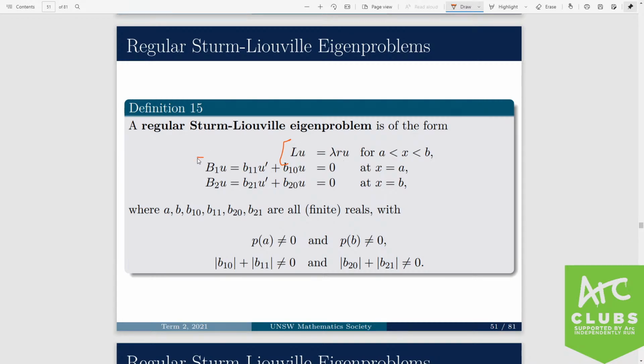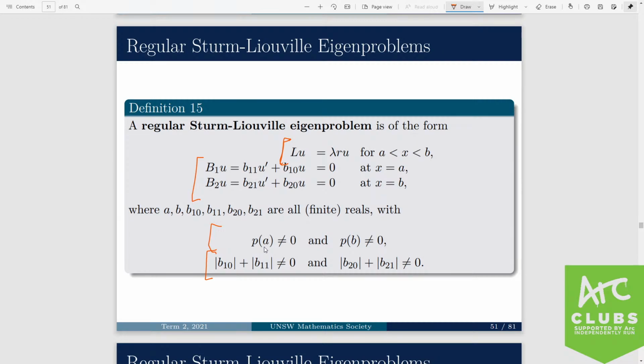But we also have two boundary conditions, and these have to be non-trivial. This line means they have to be non-trivial, and this line just means it's not singular. So the leading term, the p, doesn't disappear at the boundaries. So this is what we define as a regular Sturm-Liouville eigenproblem.